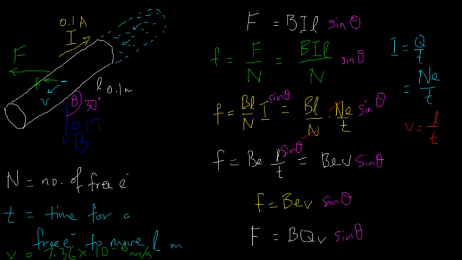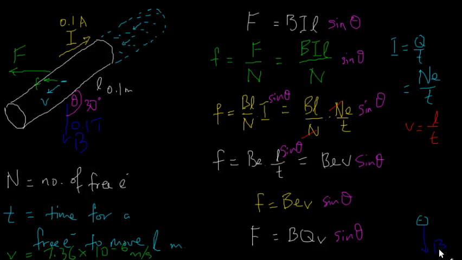And in this case, previously the theta here is the angle between the wire, or the current, and the field. But in this case, the angle here is the angle between the velocity and the field. Now let me draw this out again, just to make sure that it is quite clear.